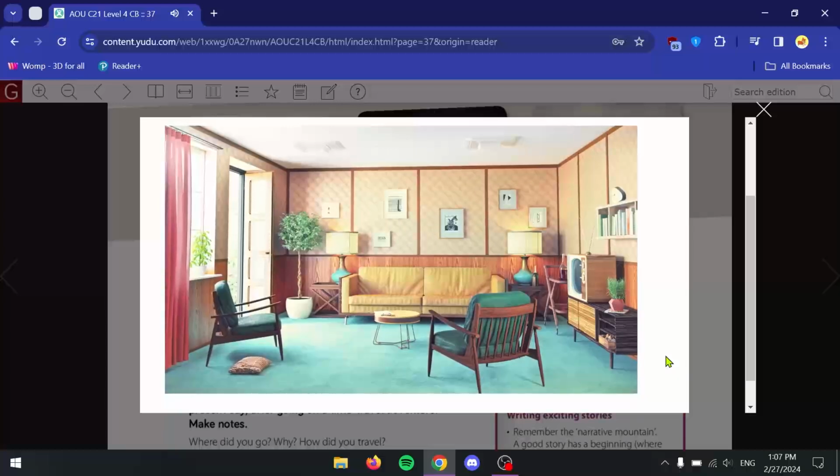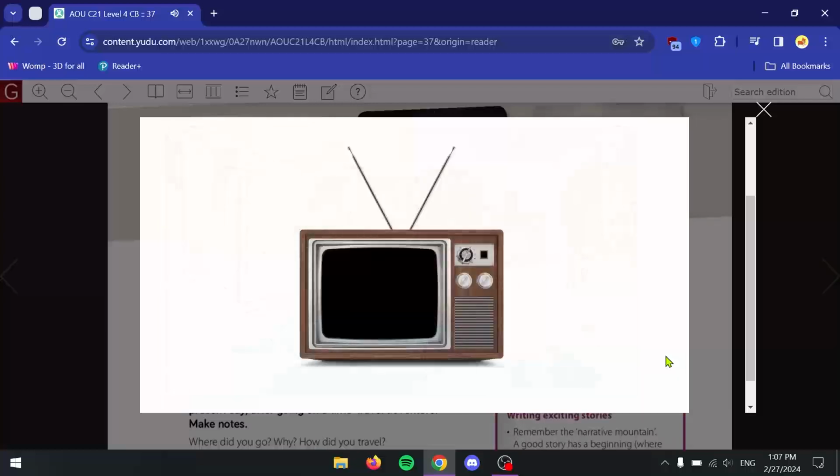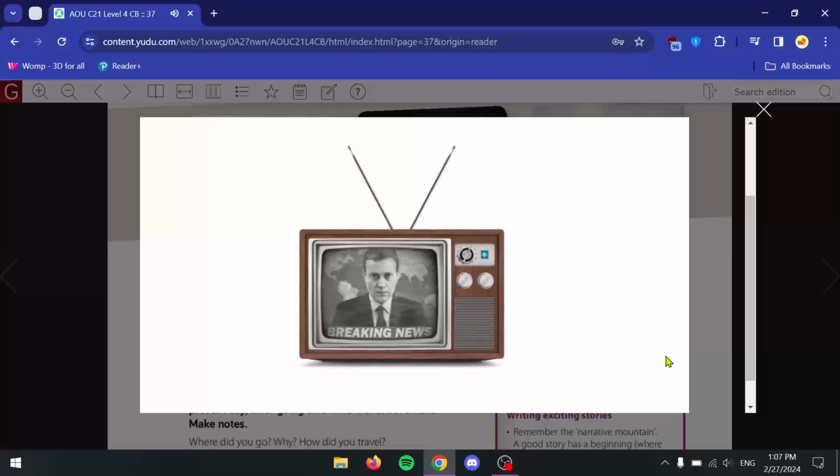And the carpet is interesting. You switch on this vintage TV and see the news. It says it's 1964. It seems you have travelled back in time. Oh my goodness. Where will you go? What will you do? Who will you look for? What news will you give the people of the past?